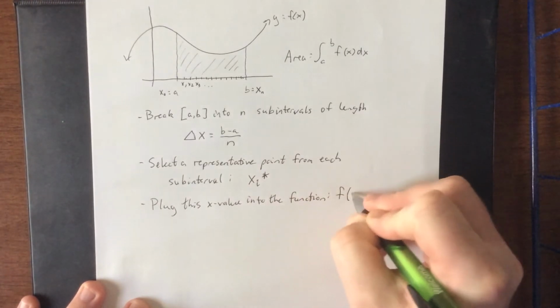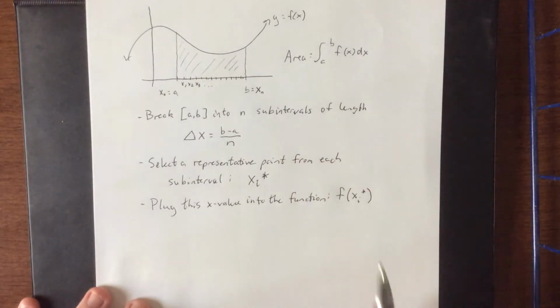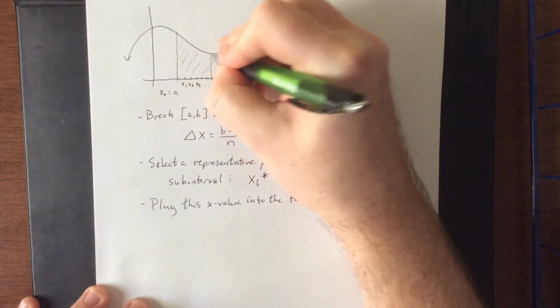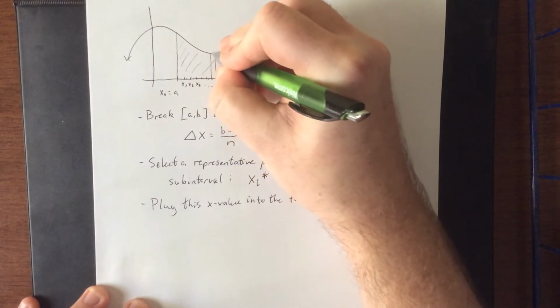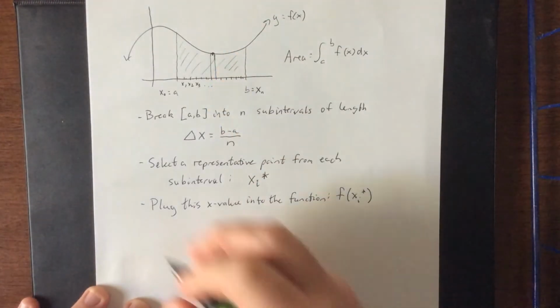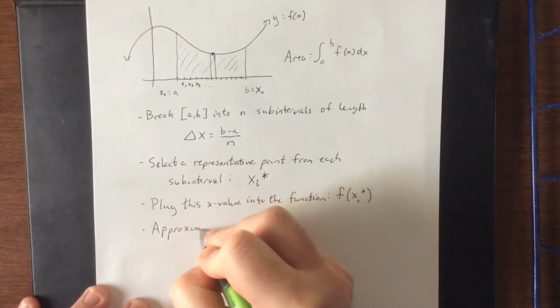And the reason that you did that is because you're now getting a y value associated with the x value. So on any given interval, what you have just done is gotten yourself a y value to be associated with that x value. I refer to this as the approximating area.